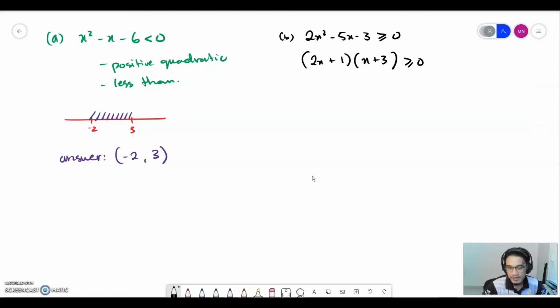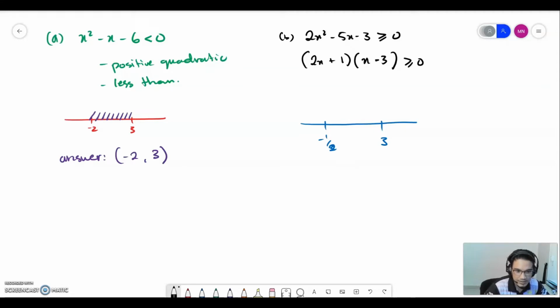Okay, first, the quadratic is positive and the symbol of the inequality is bigger than. So from what I have told you, the region should be at the outside of the curve. Oh, sorry, actually the factorization is x minus 3.